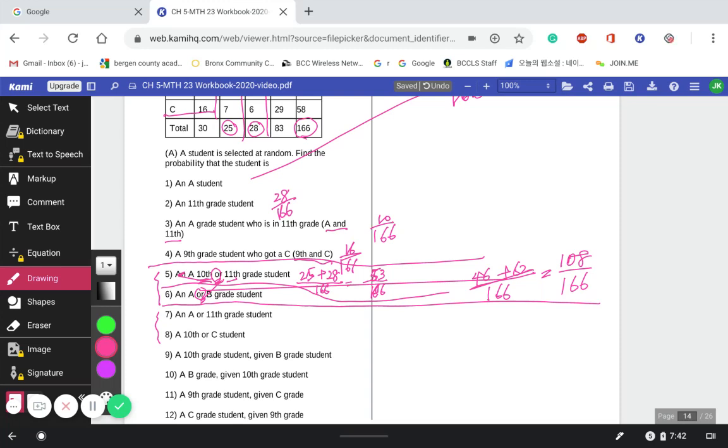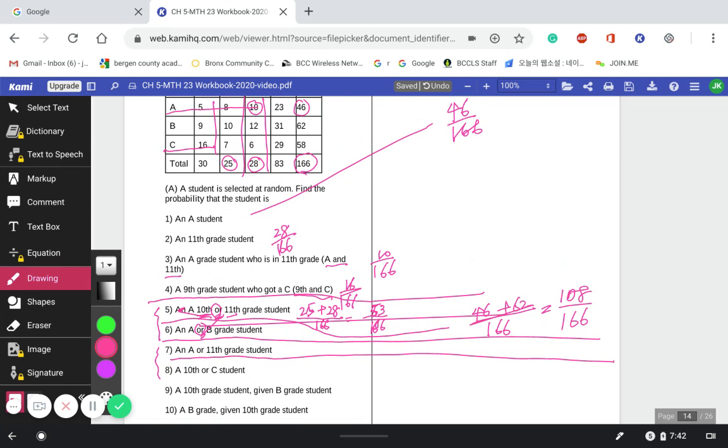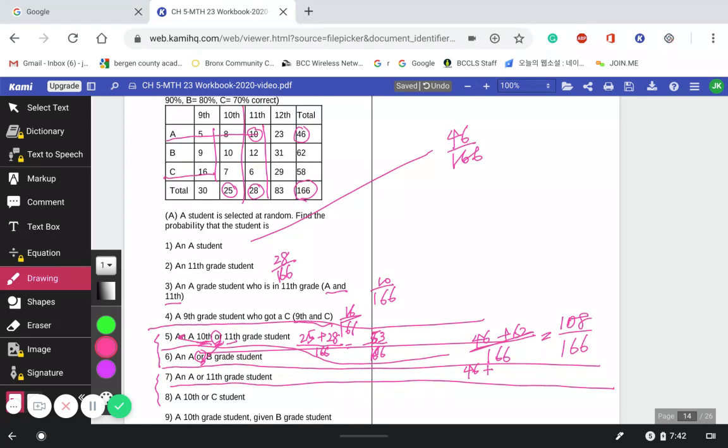So you have to take away the common part. For number 7, A and 11th grade, right? So you have to find A. What is the probability of A? It's 46. And 11th is 28. The whole thing out of 166. So that would be 74 out of 166.